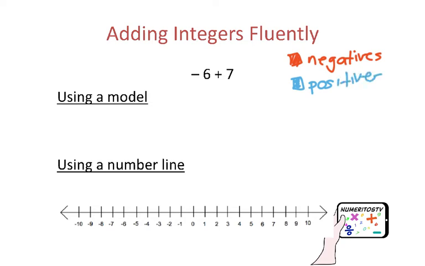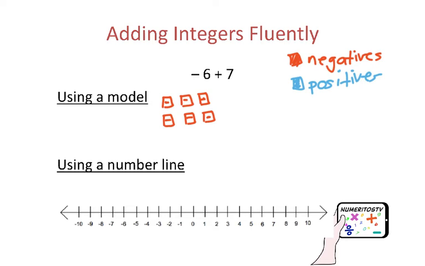So, in this question we have negative 6 plus 7. So I am going to draw 6 negative tiles. 1, remember that these are negative, 2, 3, 4, 5, 6.